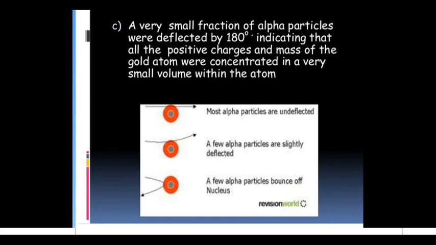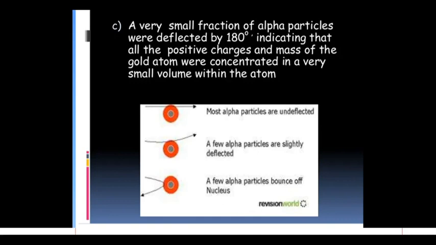So this is the picture showing the alpha scattering, in which most alpha particles go undeflected, a few alpha particles are slightly deflected, and very few alpha particles bounce off.